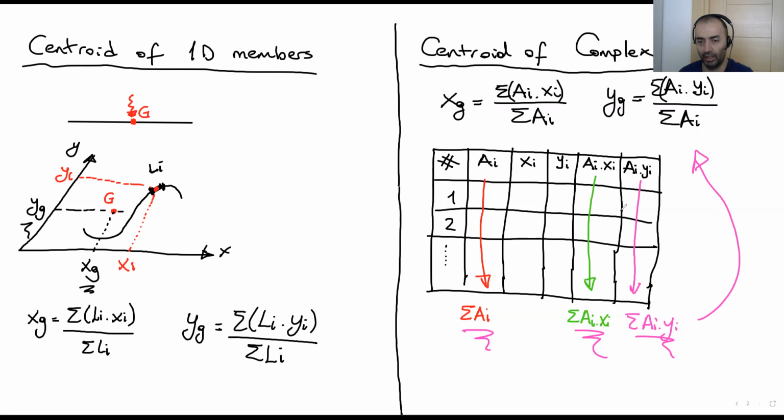We write all these unknowns for each member. Then we get three important numbers at the end from this table, and put them in the equations in their place. Yes, you will get the X coordinate and Y coordinate, XG and YG.